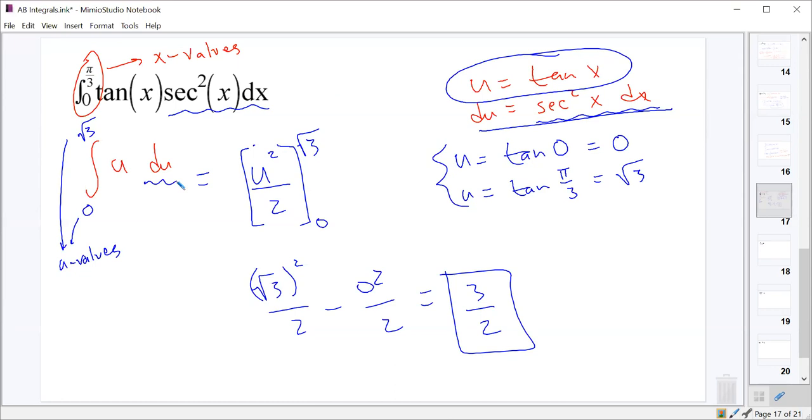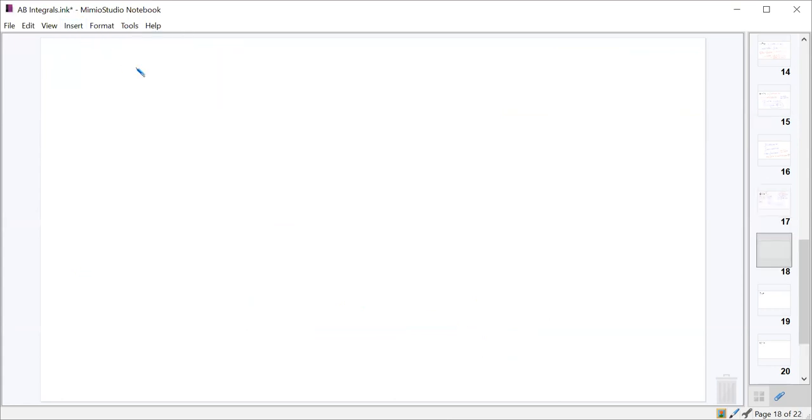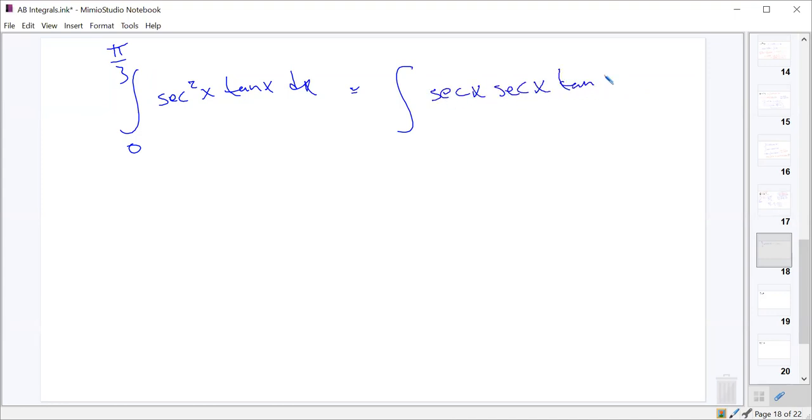Did anybody else see another substitution we might have done with this? Just out of curiosity, I'm going to go through this real quick. We had secant squared times tangent, right? Well, you might have also noted that that's the same as secant x times secant x tangent x dx.